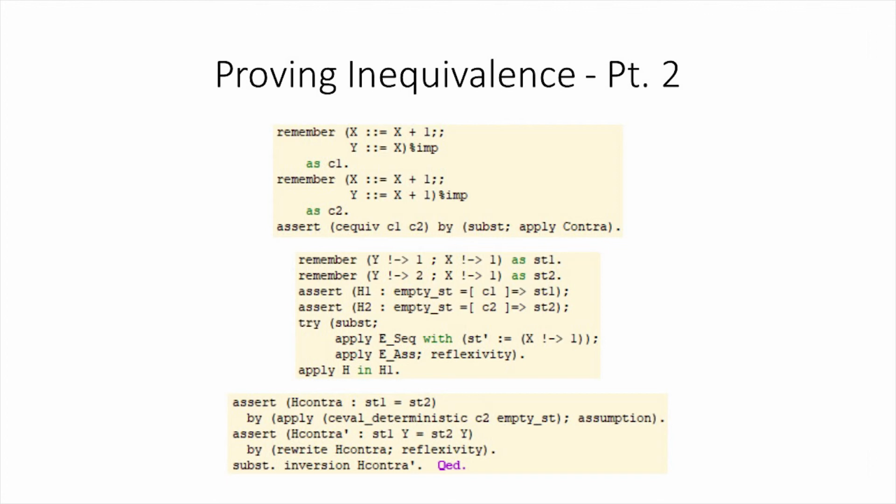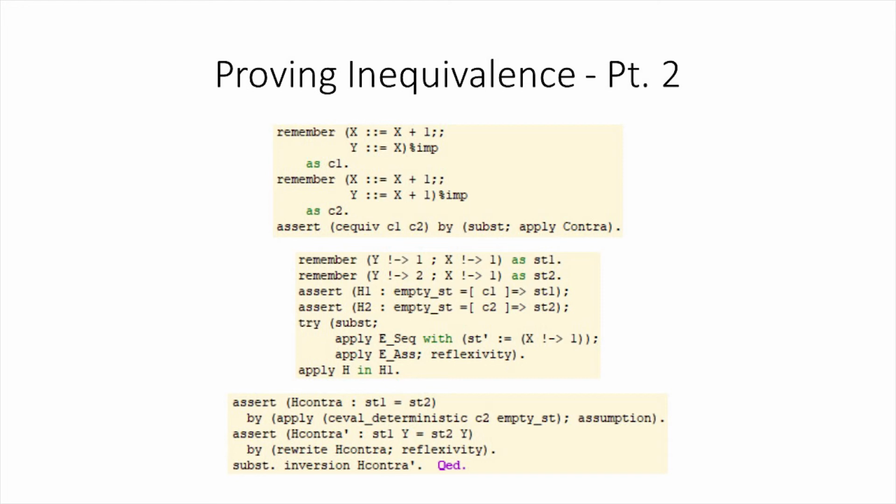So the difference is in the y: in command 1, y is equal to x, in command 2, y is equal to x plus 1. Below these remembers, we have the assertion of command equivalence between C1 and C2 via substitution, and this is what we're going to show to be not true.